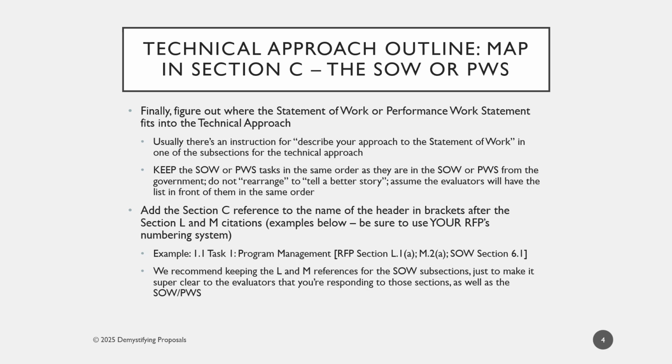We recommend keeping the L&M references for the SOW subsections, just to make it super clear to the evaluators that you're responding to those sections, as well as the statement of work and the PWS.